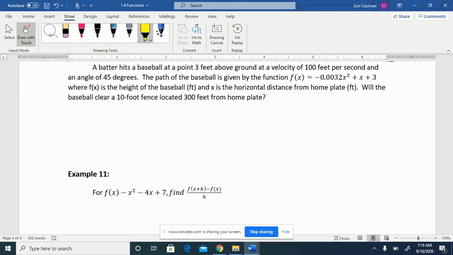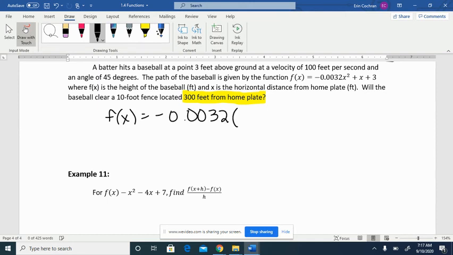Okay, so we want to look at what is the height at a distance of 300 feet, okay? So I'm going to plug 300 into my x. So we're going to put f of x equals negative 0.0032 times 300 squared plus 300 plus 3.